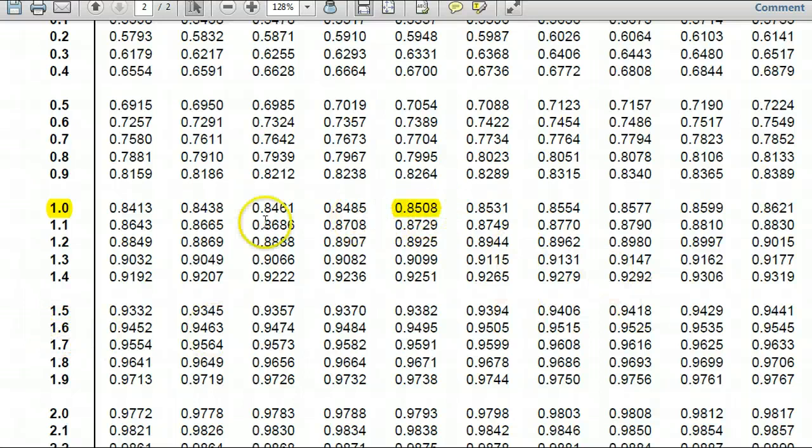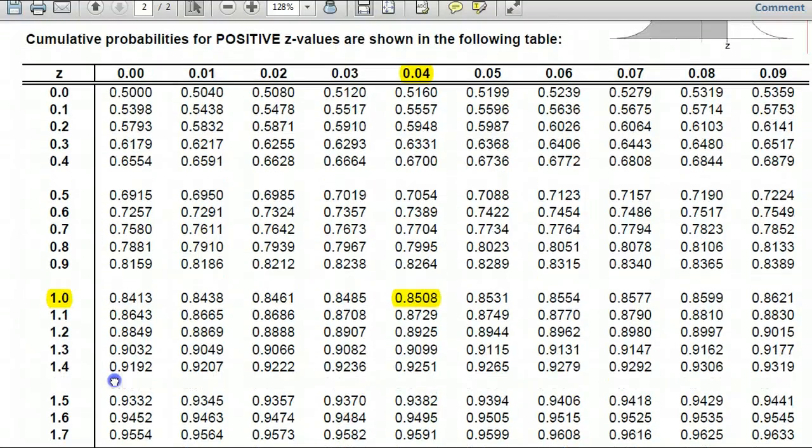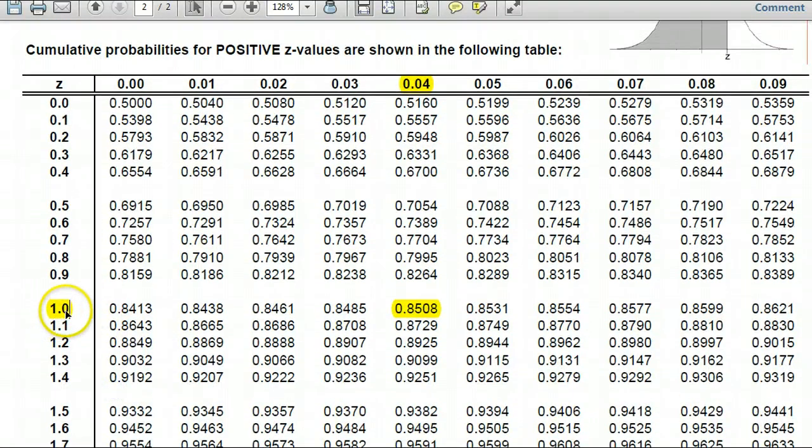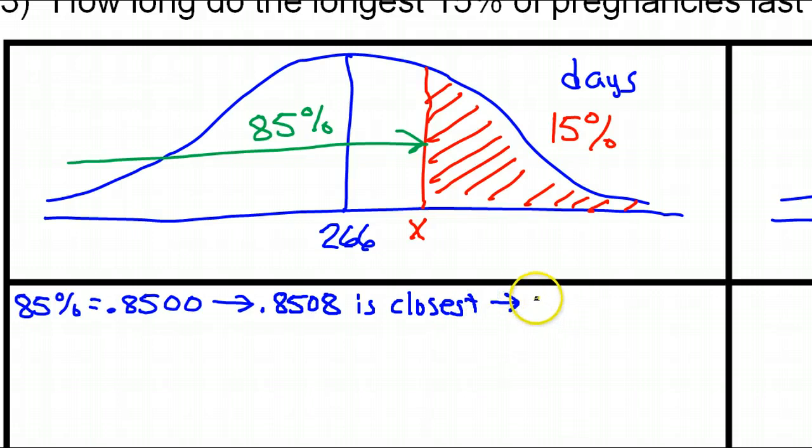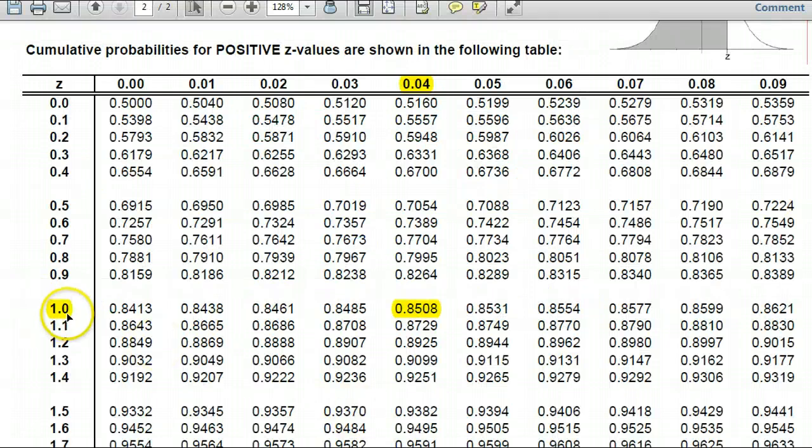So looking at 0.8508, the z-score that goes with that is 1.0 and then 4, 1.04. 0.8508 is closest. So that tells us that our z value is 1.04. Is that right? 1.04.